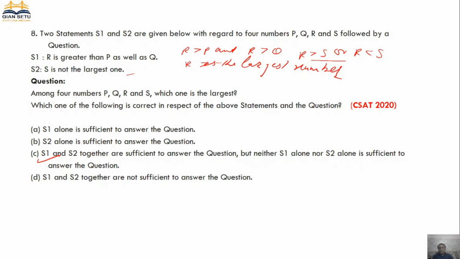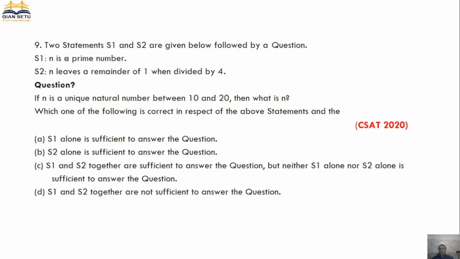Question number 9: two statements S1 and S2 are given below followed by a question. Statement 1 is n is a prime number and statement 2 is n leaves a remainder of 1 when divided by 4. And the given question is, if n is a unique natural number between 10 and 20, then what is n?